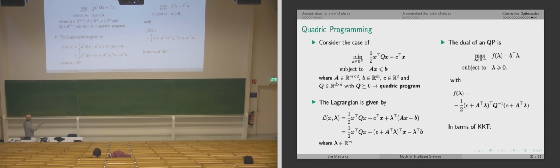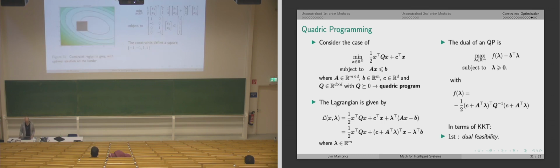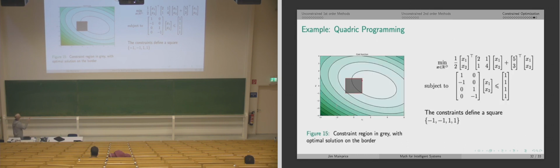Here we have the function f of the dual variables, and in terms of KKT, the constraint is simply the dual feasibility. An example would be a quadratic where we define a box using the inequality constraints, and the minimum is here, so it's not on a vertex, and we cannot use a method like the simplex method. We'll use something different.